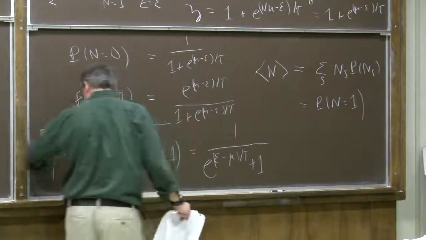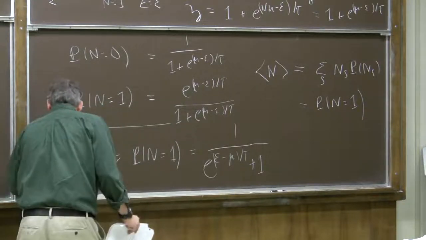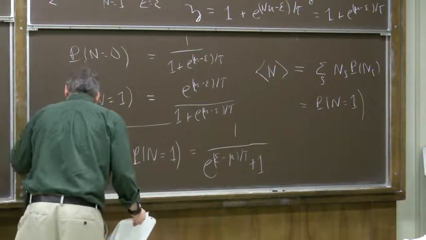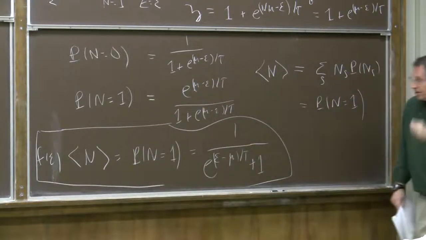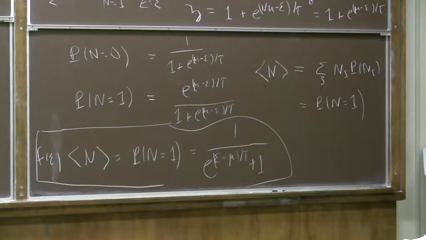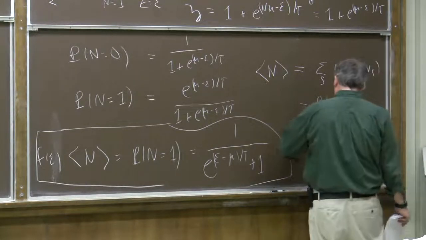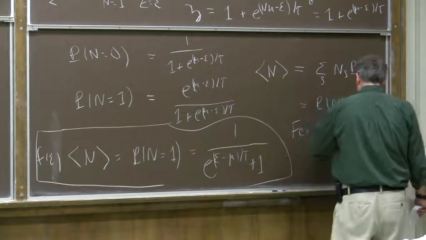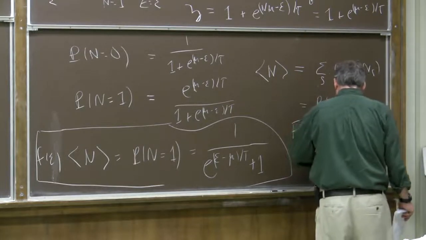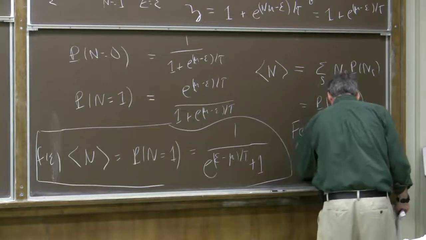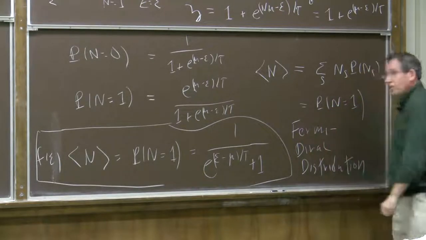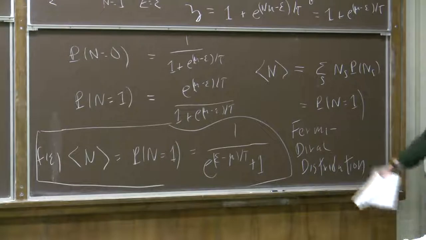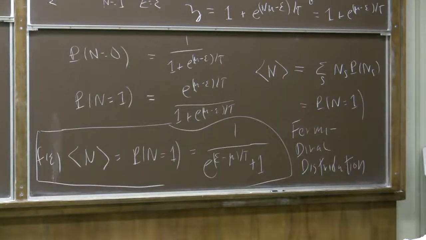So actually I'm going to call that f of e. It's some function of the energy of the orbital that depends on the chemical potential and the temperature. And that is called the Fermi-Dirac distribution. Why is it called a distribution if it's just the expectation value of the number of particles in an orbital?